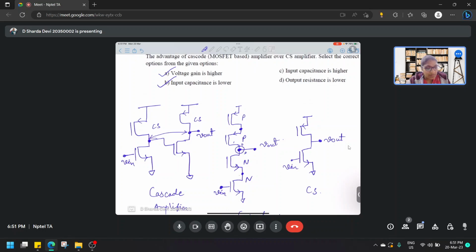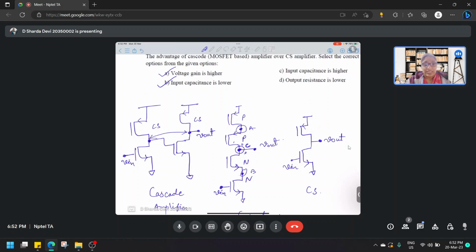So A and B have lesser resistances compared to the C node. So the C node will contribute the critical pole, and there is only one critical pole which will define the bandwidth of your circuit. So the cascade amplifier also helps in the bandwidth.